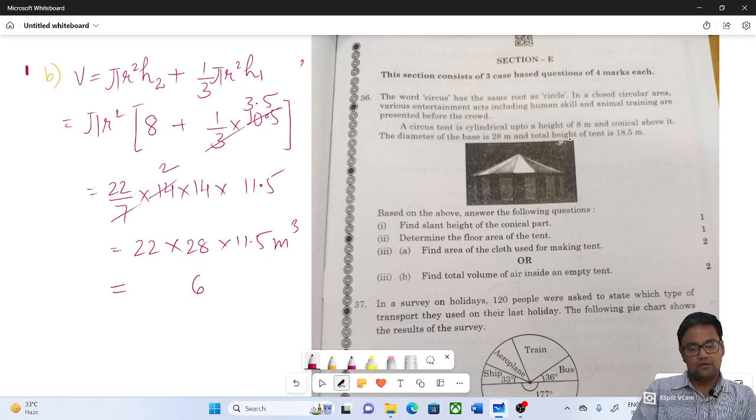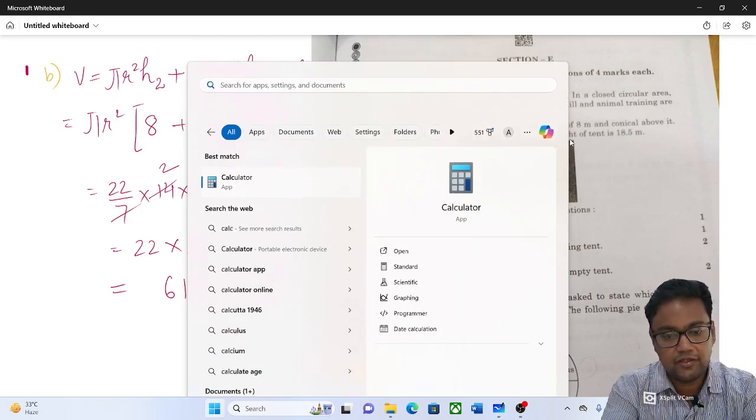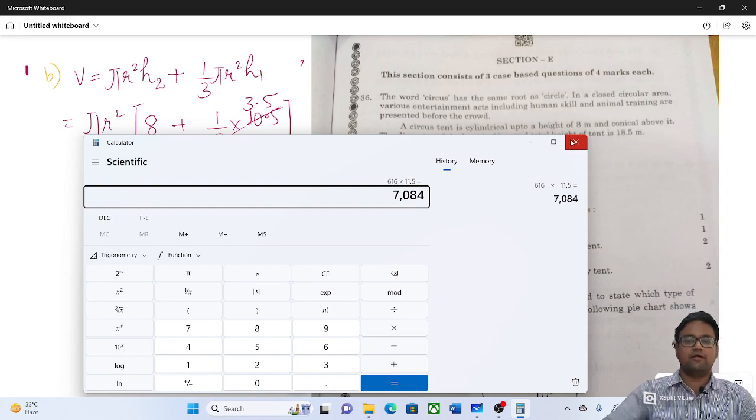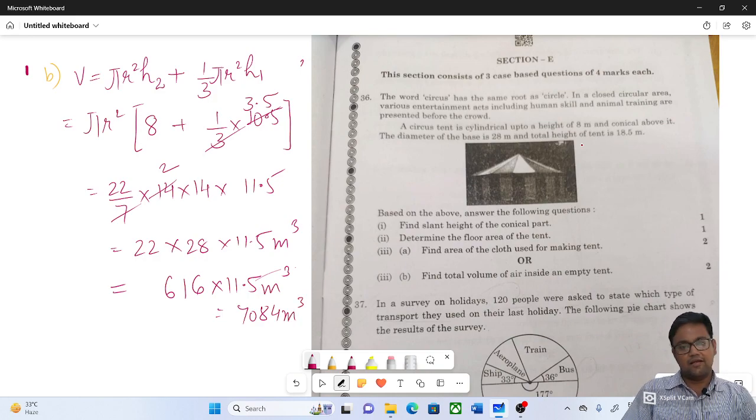Again you got the same 616, which was the area of the base, pi r square. And then you can see after multiplying, children, what kind of a value you are getting here. 616 into 11.5, that is 7084 again meter cube. So, it is 7084 cubic meters, that is the right answer.